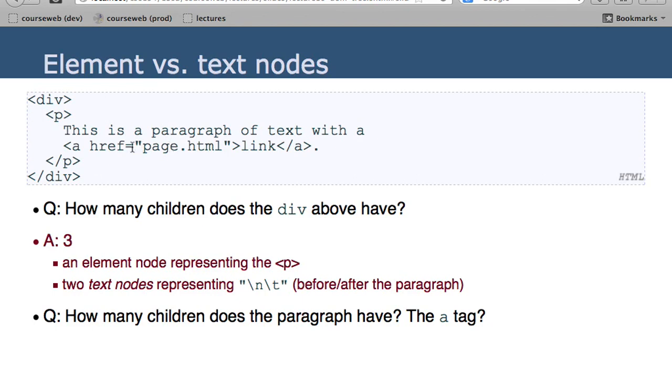Let's see. So the A tag has how many children? This isn't really a trick. This is much more straightforward. 3? Just the A tag here? It's also, the link is an attribute, and so it would be 4.